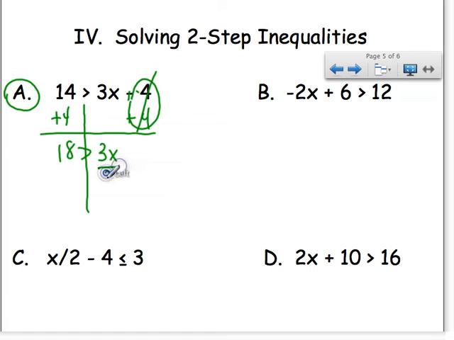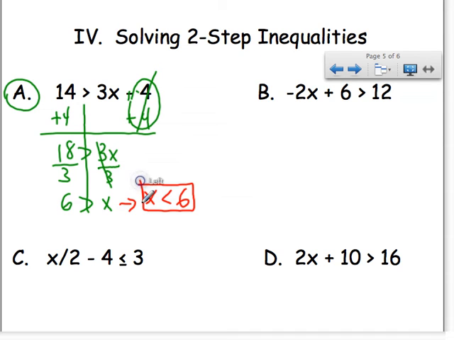If I divide by 3 and divide by 3, my coefficients cancel. And that means 6 is greater than x. Remember, if I want to have x first, I can rewrite this as x is less than 6. Because if 6 is greater than x, that means x is less than 6. And that's my answer.